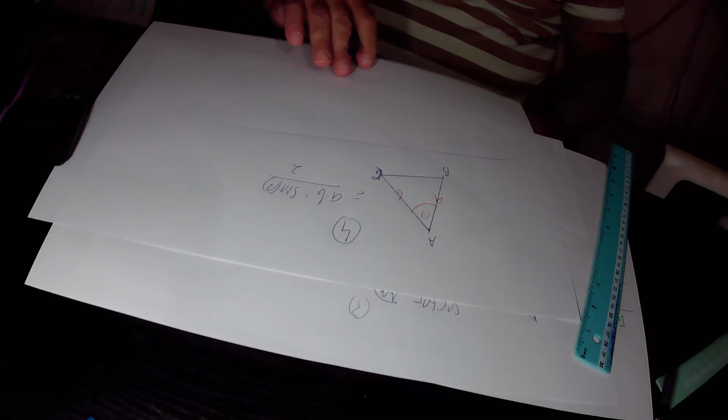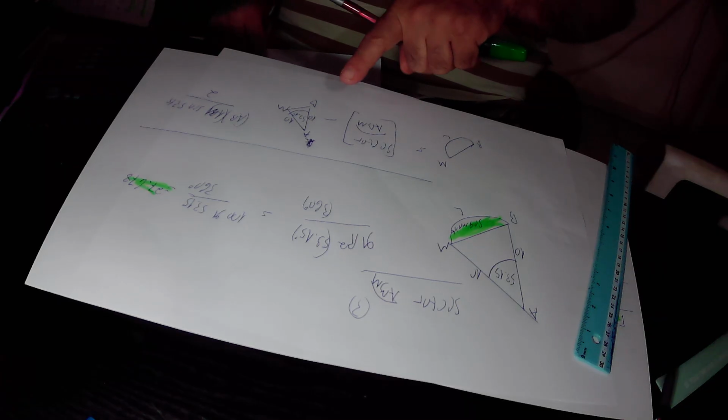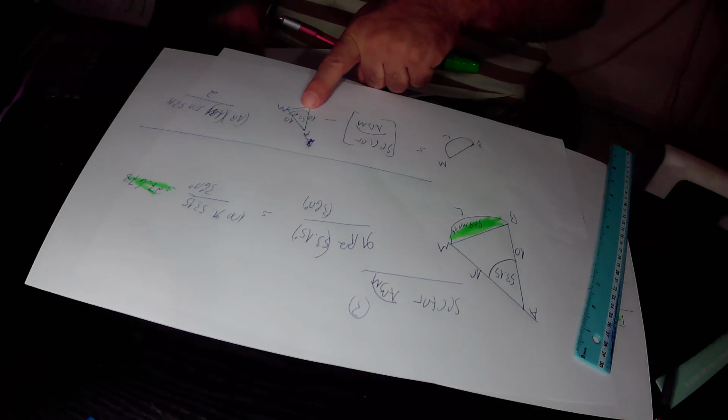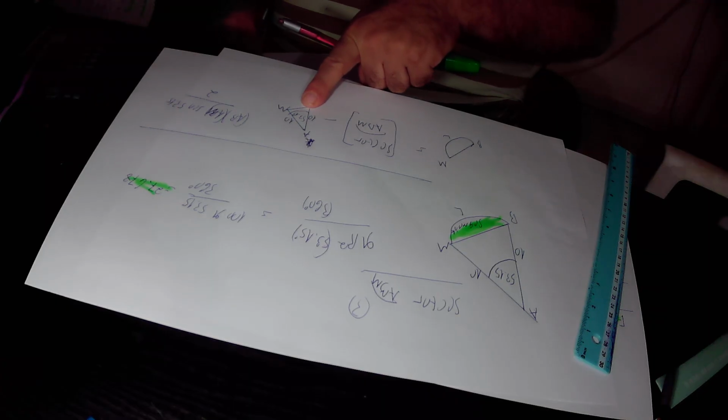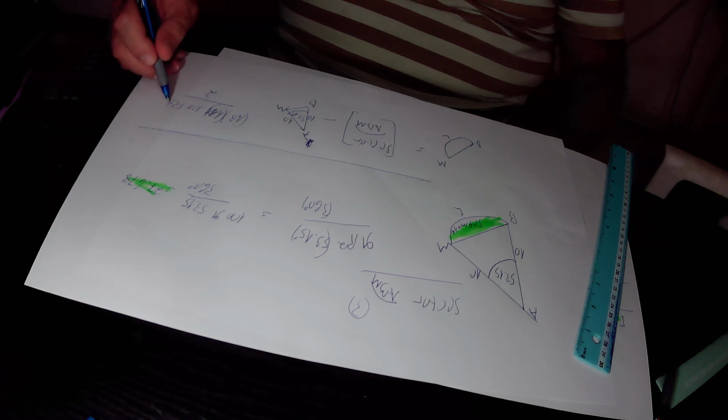So according to this formula, the area of this triangle ABM equals AB times AM times sine 53.13 degrees over 2.